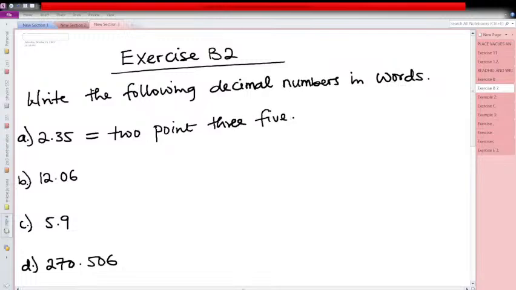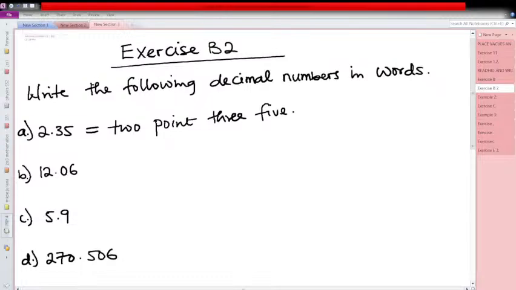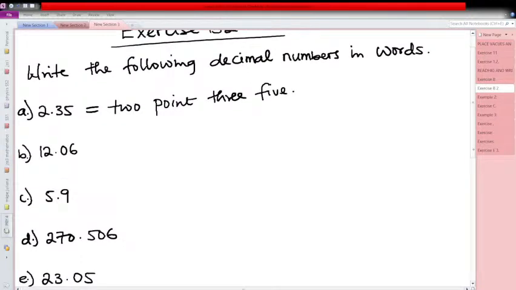So this is to also enable you familiarize yourself with writing them in words and pronouncing them. Remember, we are talking about reading and writing. So you should also know how to read and write. So let me see you do the same for others. So go ahead and let me have your answers at the comment section.